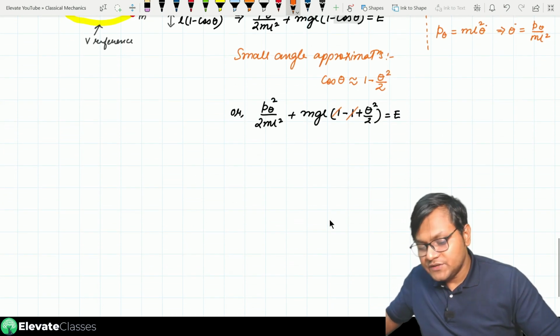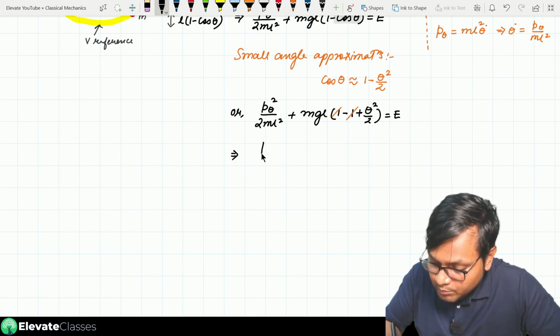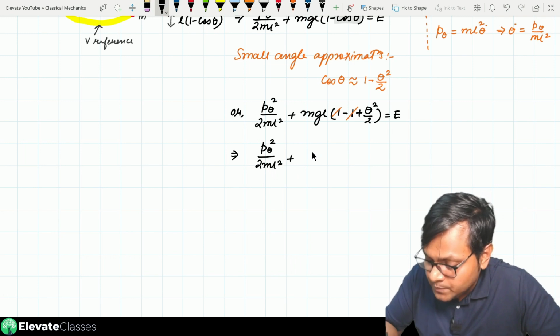And what else is left? Well, this entire equation is left. P theta square upon 2 m L square plus m g L theta square upon 2 is equal to E.